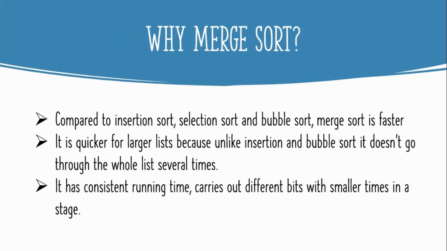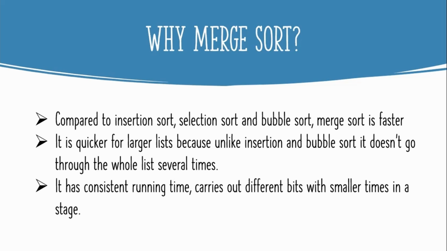Now let's understand why we need merge sort. From the time complexity itself, it is pretty much clear that merge sort is one of the faster algorithms for sorting. And when compared with insertion sort or selection sort or bubble sort, merge sort is again faster in terms of average case and worst case time complexities. While sorting a larger list, merge sort is more often preferred.